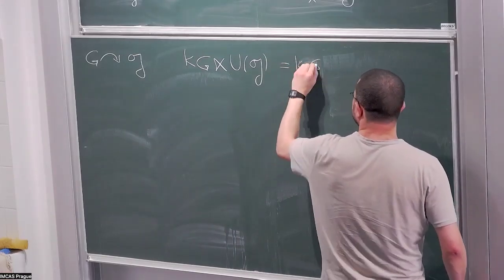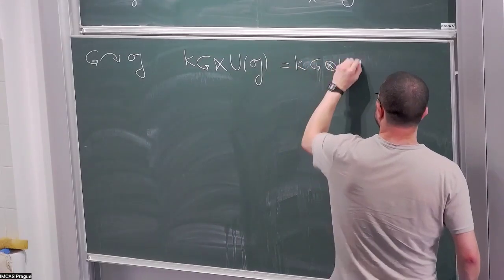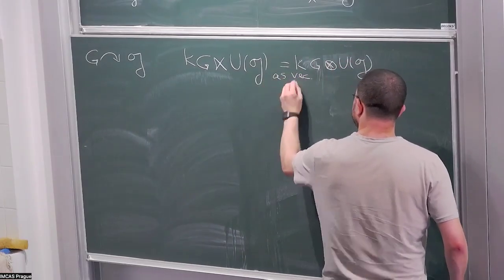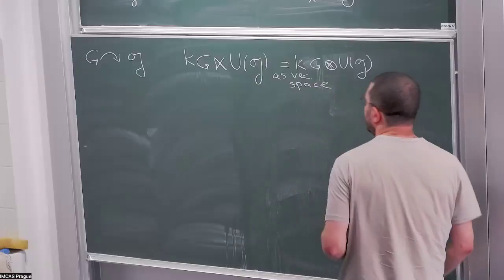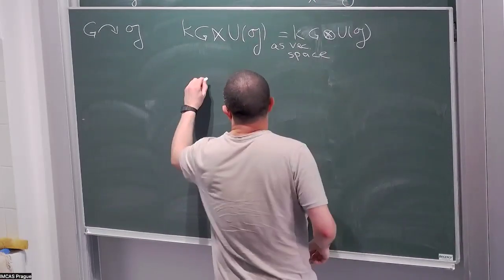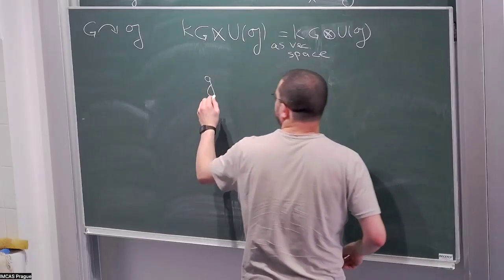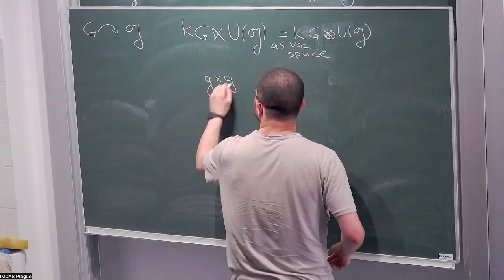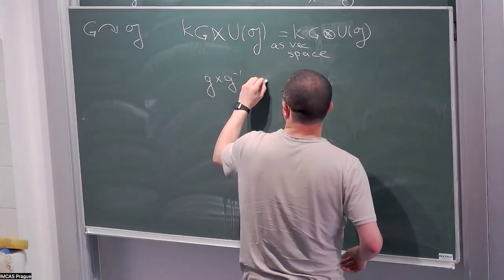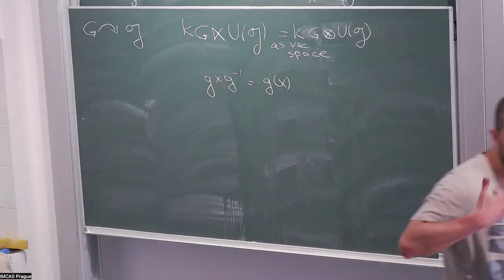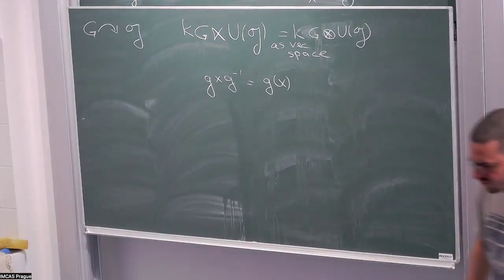It is just KG tensor U(g) as a vector space, and the way that g and x commute is that g x g inverse is equal to g(x). So the action by conjugation is the action that you start with of the group G on the Lie algebra g.